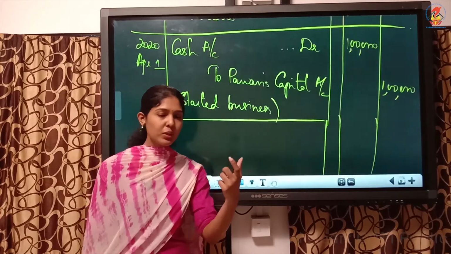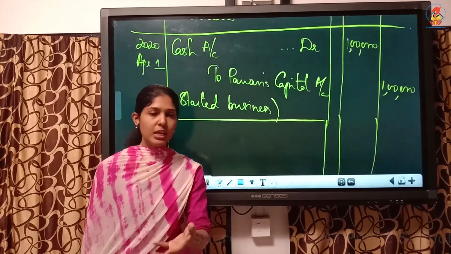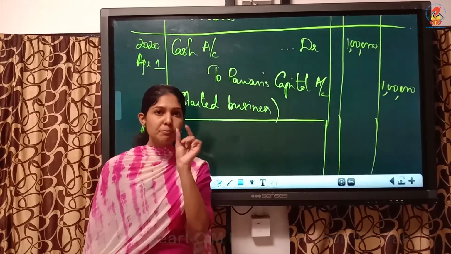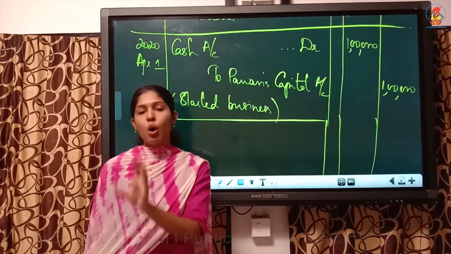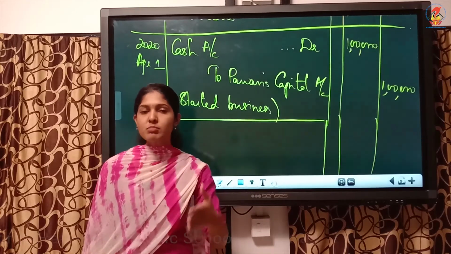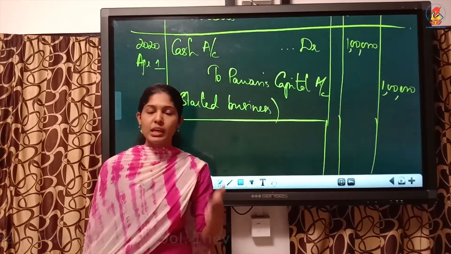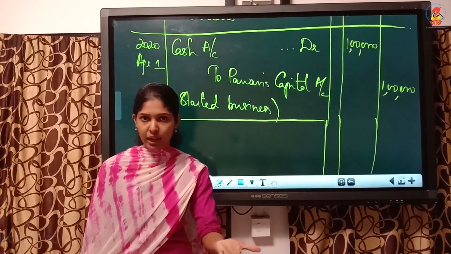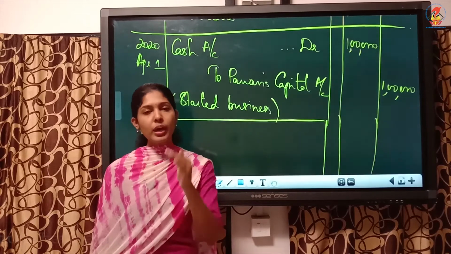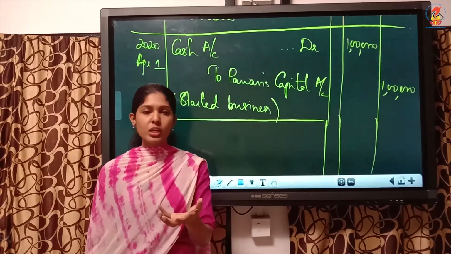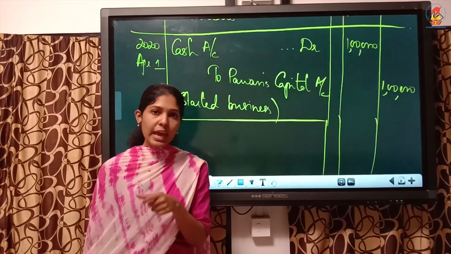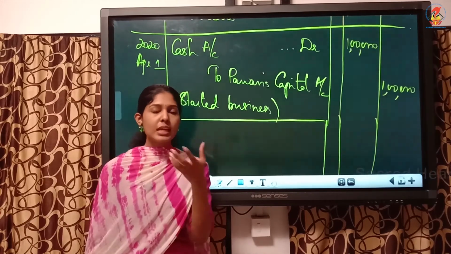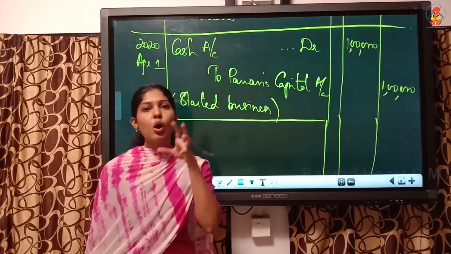Savings account means it is the personal account of the owner, because firms will not open savings accounts usually. What the firm opens is called current account. Here they have mentioned specifically savings account, which is the account of the owner.